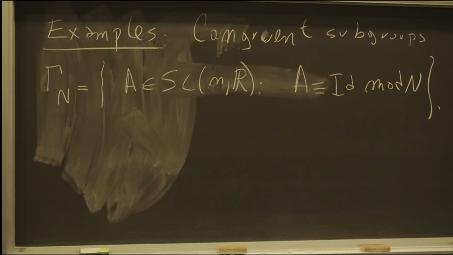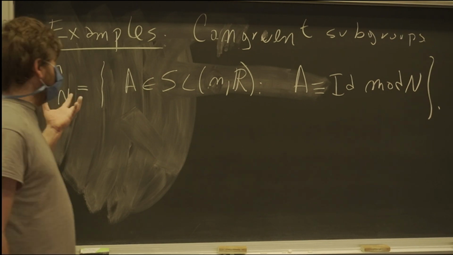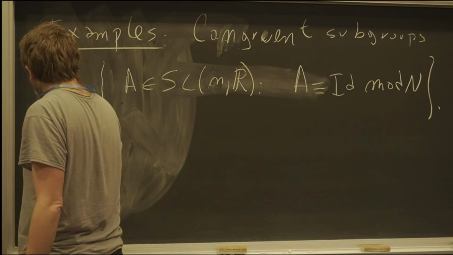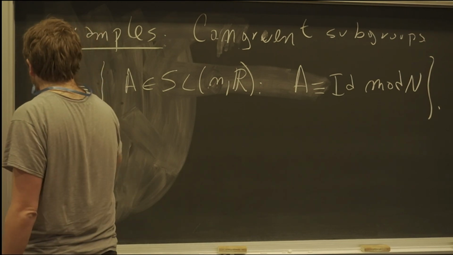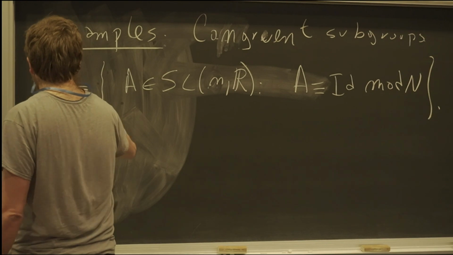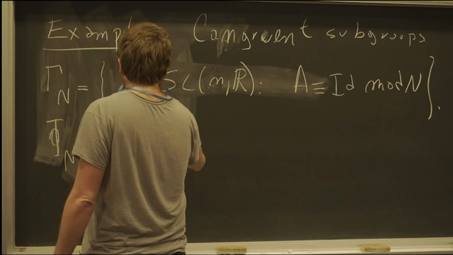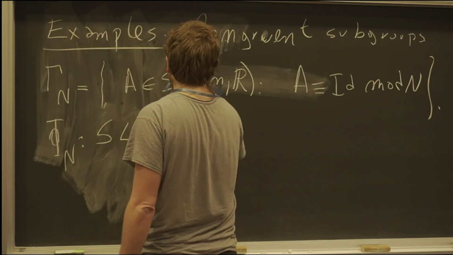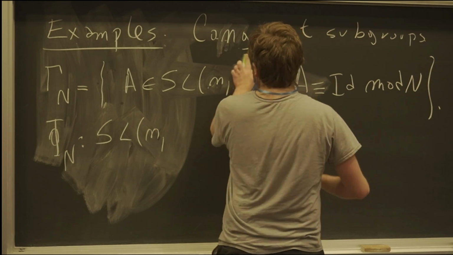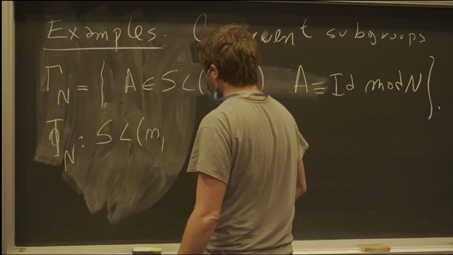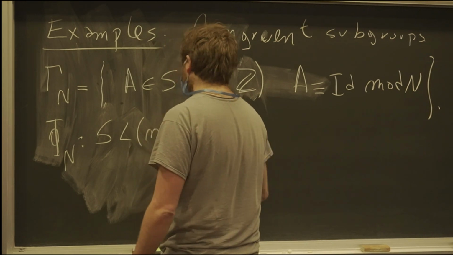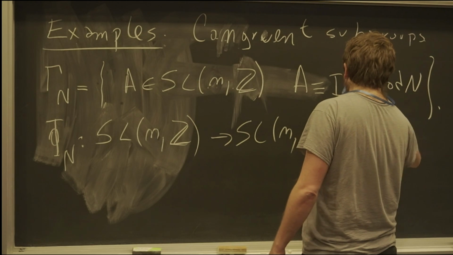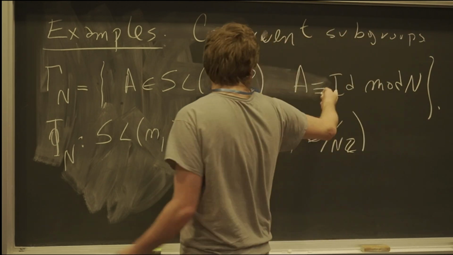Okay, and you can see easily that this is a normal subgroup because you have the natural map, phi_n, from SLnZ into SLn(Z mod nZ).